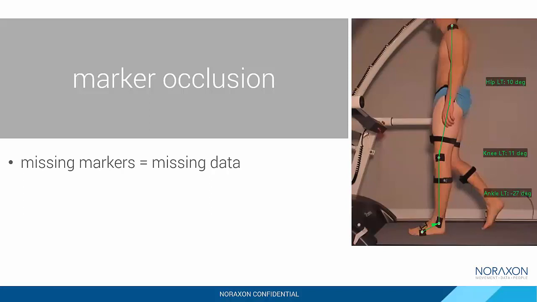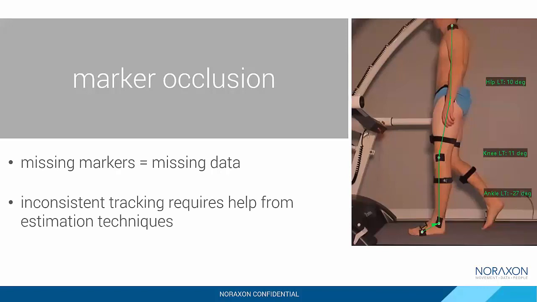And that's going to cause some potential issues because the inconsistent tracking now requires help from some sort of estimation techniques. And while the development of those estimation techniques has been certainly enhanced and can be looked at for most applications, there's always going to be the chance that you're now relying on estimated data as opposed to truly measured data.